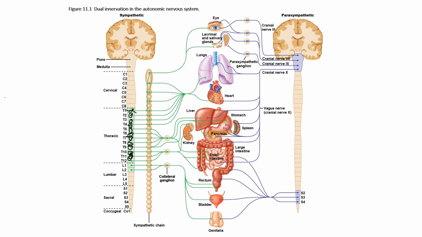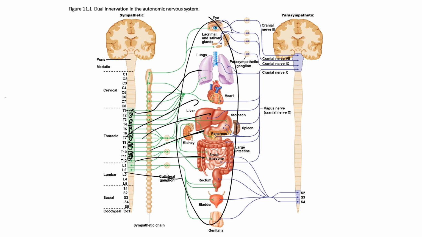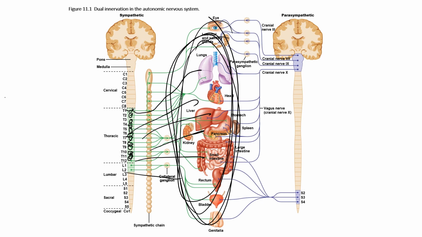It's showing you that these autonomic sympathetic motor neurons travel through our thoracic nerves out to the vast majority of organs in the human body. And when they generate action potentials, they cause a fight or flight response in these organs.